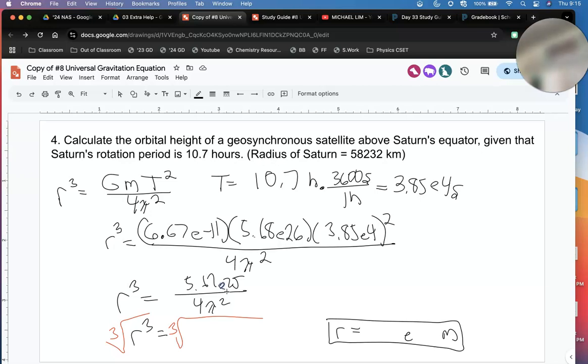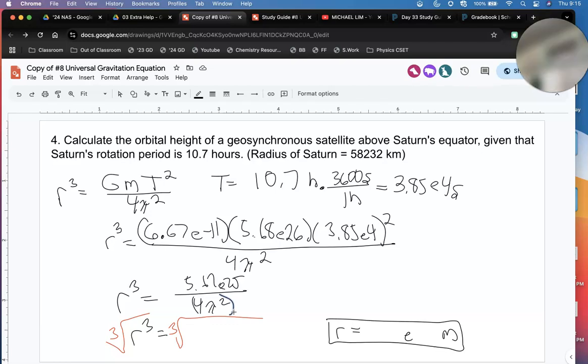Now that we got this confirmed by 3 people, Demore will take 5.62 E25 divided by, and then this is key. Jimenez was using parentheses, which is good for this part. Because if we put in this times 4, and then you put times pi squared, it's going to put things out of order.